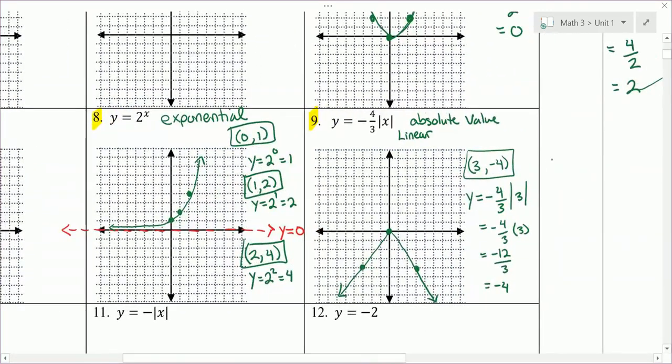If I try out negative 3, I get y is equal to negative 4/3 absolute value of negative 3. The absolute value of negative 3 is positive 3. Absolute value changes a negative number to a positive number. And then we're going to end up with the same work as we had before. This would be negative 12 over 3, which is negative 4.